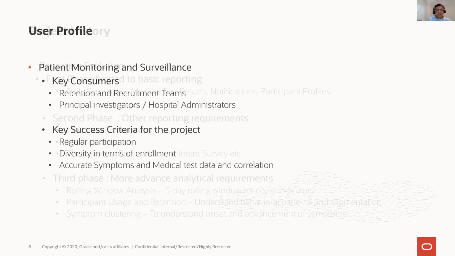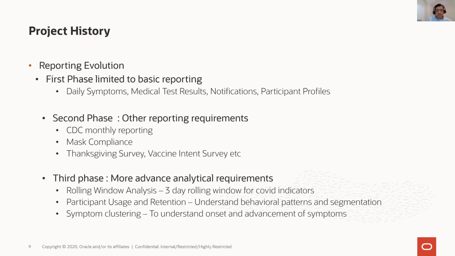The project started with some very basic reports on daily symptoms and participation. We were doing basic aggregations like counts, sums, averages, etc. So nothing out of the ordinary again, some basic formulas. And then we expanded to the second phase where more data and surveys were captured, for which we built very simple analytics.